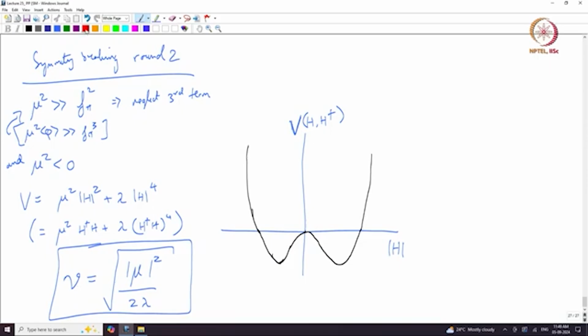Now where does this vacuum expectation fall on the diagram? Obviously somewhere here, right? That is the minimum, but you have to be a bit careful about this because now you have to imagine this in 4 dimensions, right? So what is actually going on is this is not just 2 dimensional, there is not just one point, there is in a sense a circle over here, okay, around which you generate this.